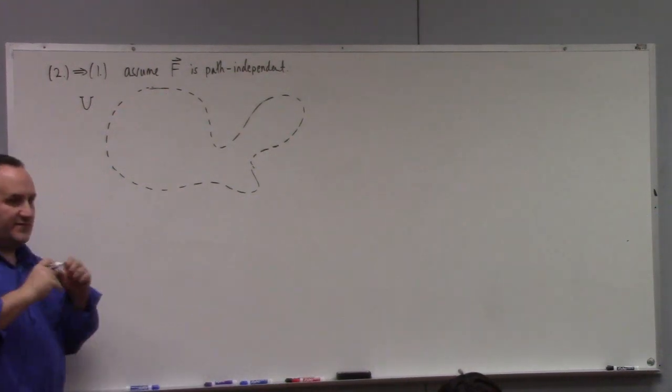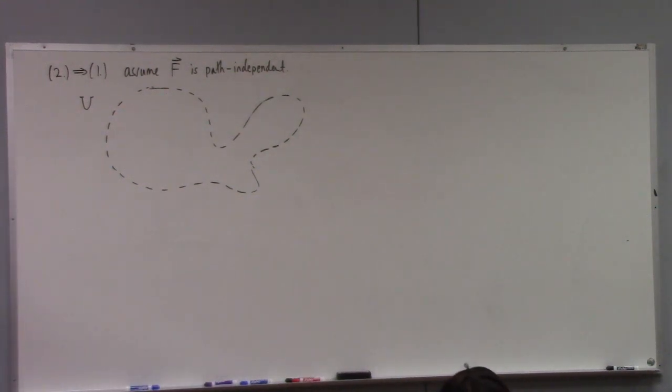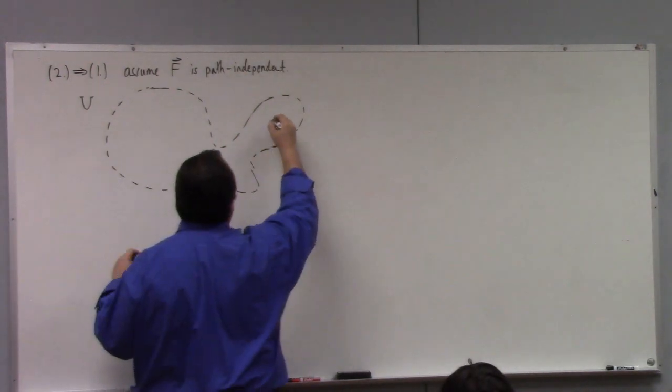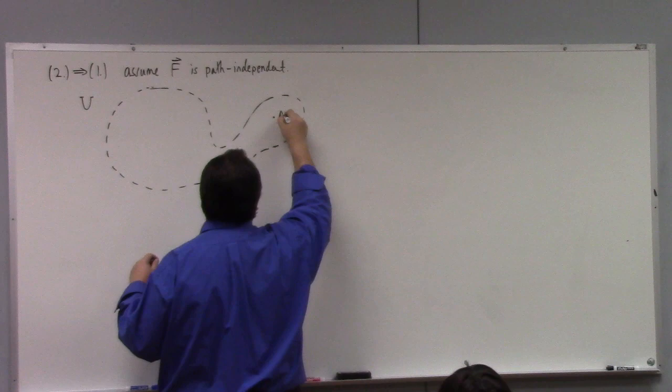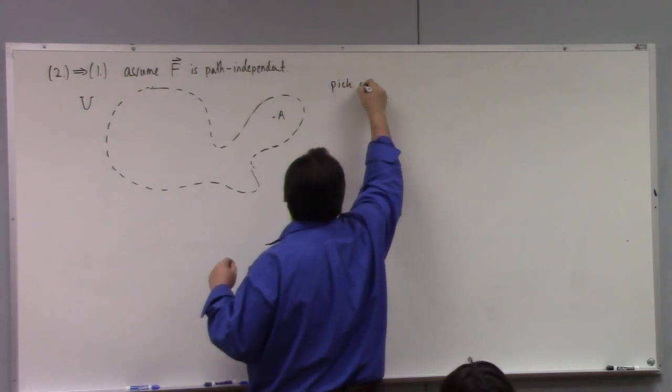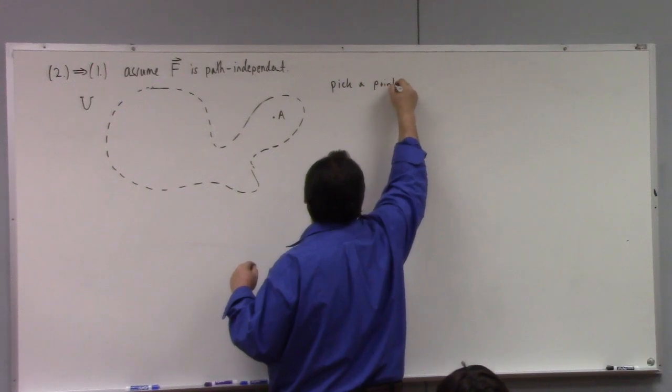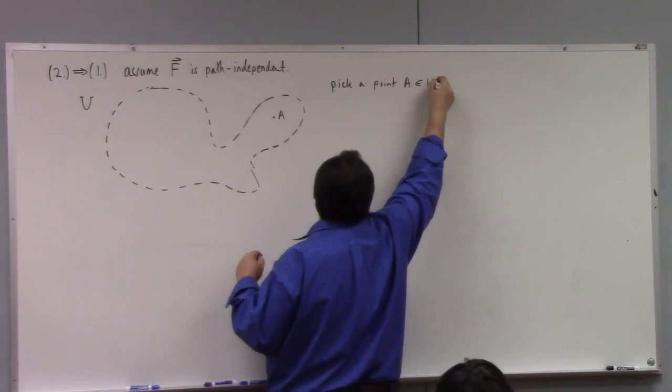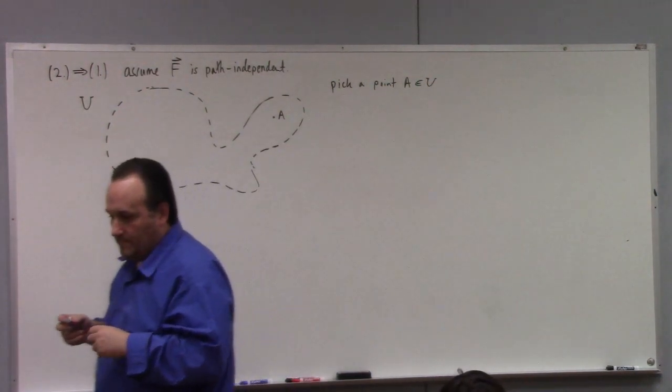That essentially means it's got a fuzzy edge. All right. It's connected. That means that you can connect any 2 points with a path, right? So the construction goes something like this. Pick a point, let's say A, in U.